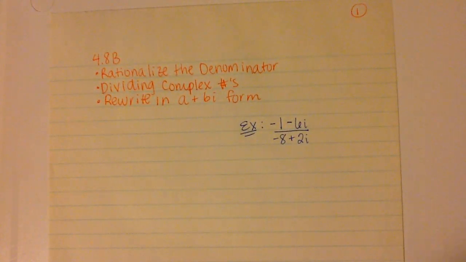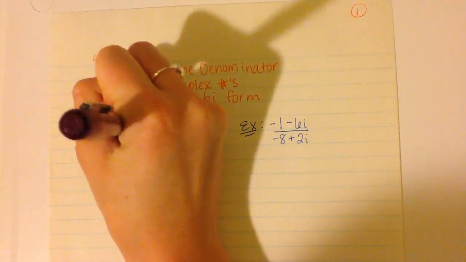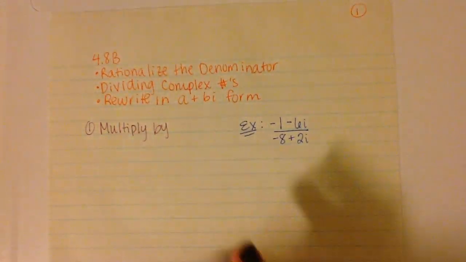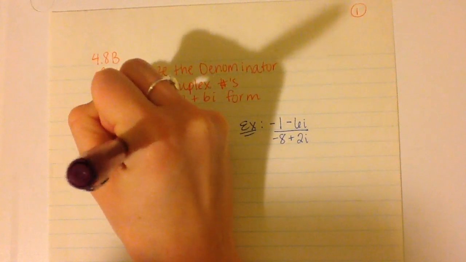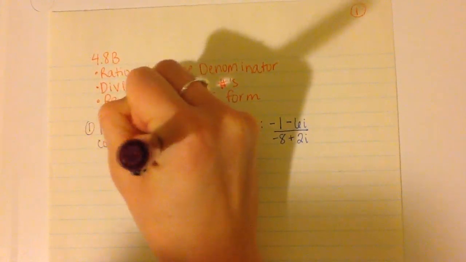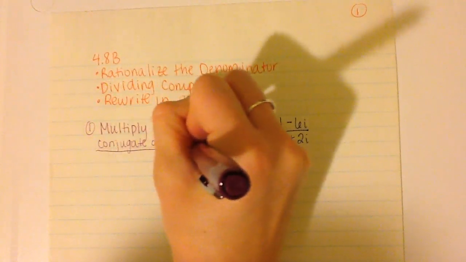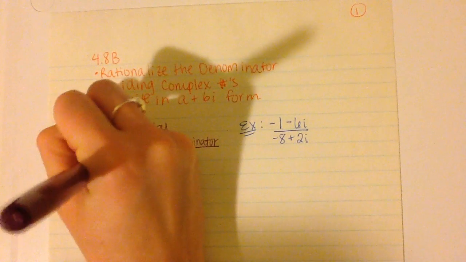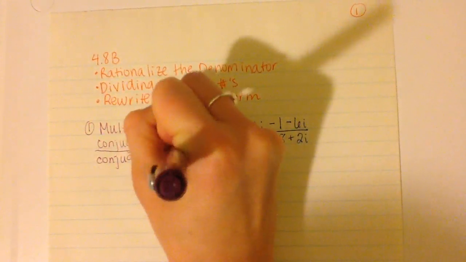Our first step is going to be to multiply by the conjugate of the denominator over the conjugate of the denominator again.